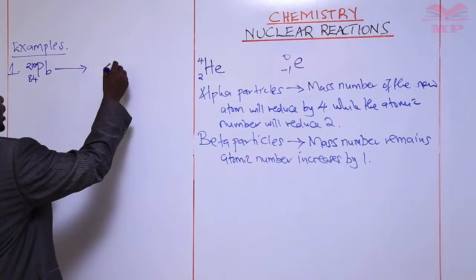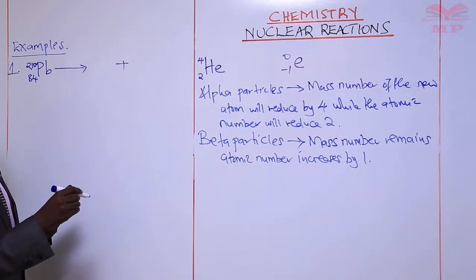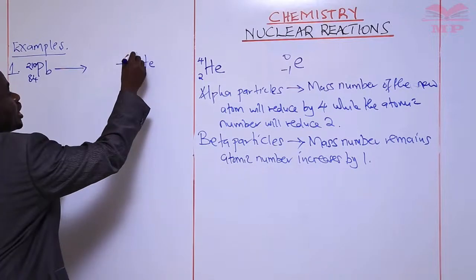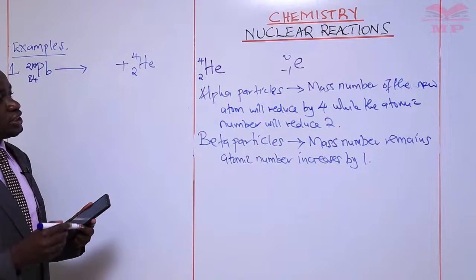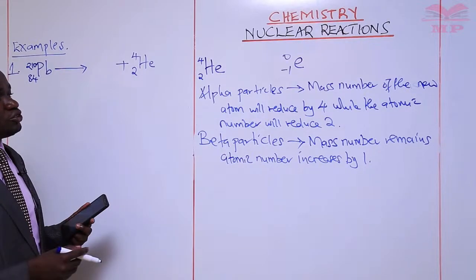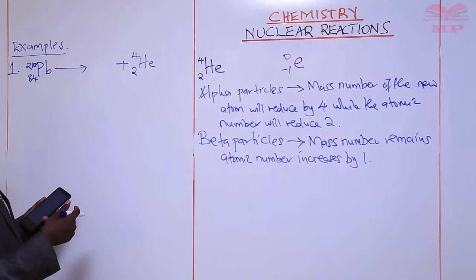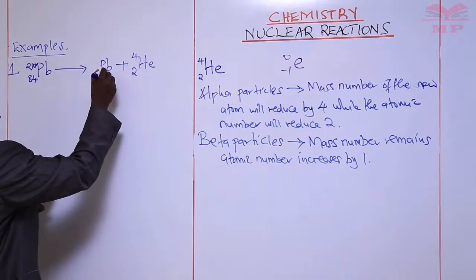Remember, we have said alpha particles are represented using a helium with a mass number of 4 and atomic number of 2. Like we have said earlier, we have to balance the mass number on the left as well as the mass number on the right. So a new particle will be produced.